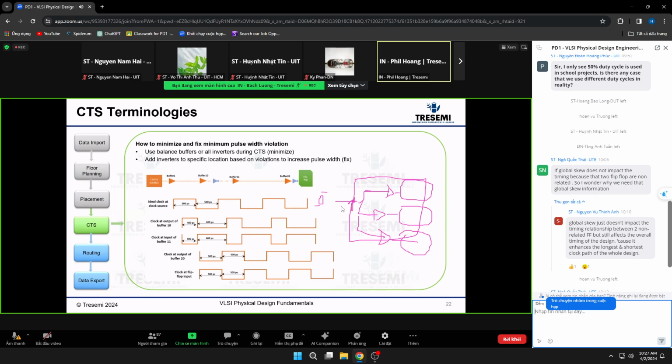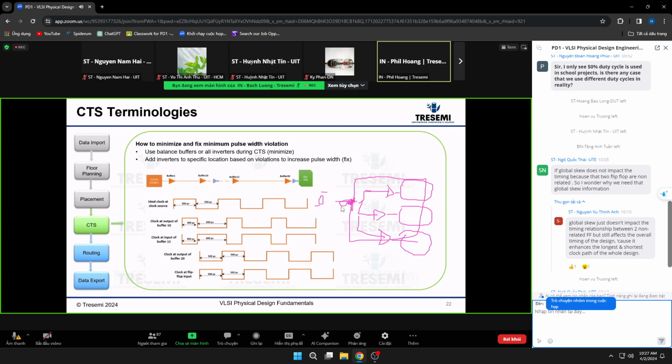But if you're talking about the tool, you can create a clock here, and the tool will automatically build all these trees for you. So there's no need to create all these things manually. That's what I meant.